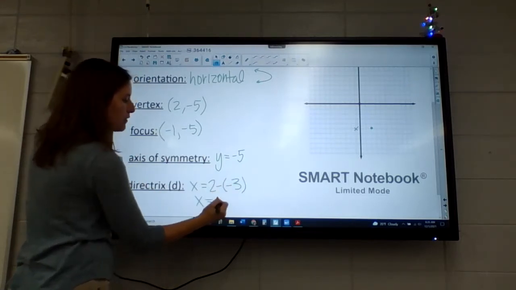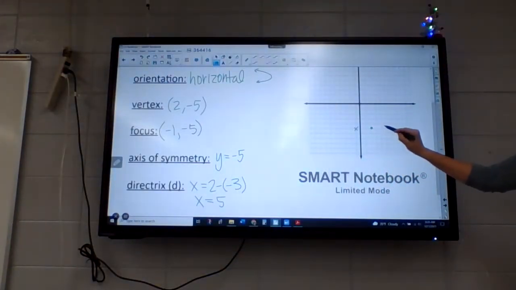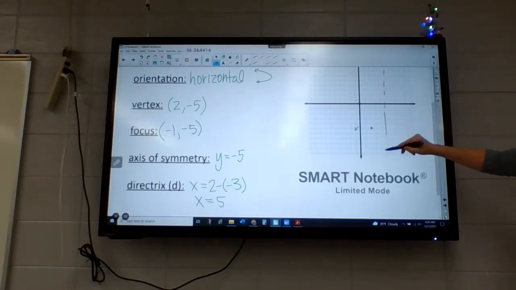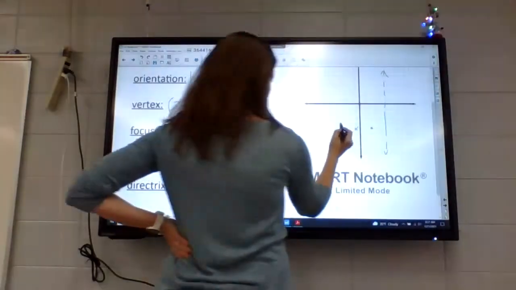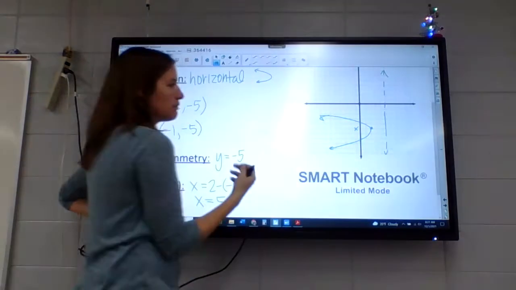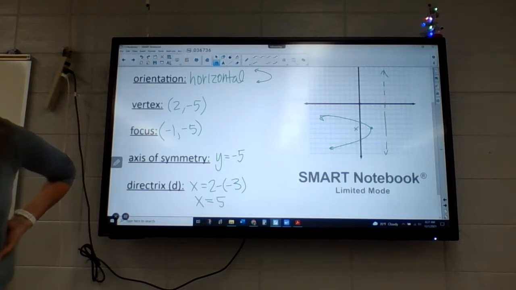So it's going to be 5. And so again, that's what I was expecting. 1, 2, 3 over. So that's actually 5. And so now we can draw our u from there. And again, I'm not looking for anything perfect, but at that point you can just draw. I don't need a ton of extra details there.